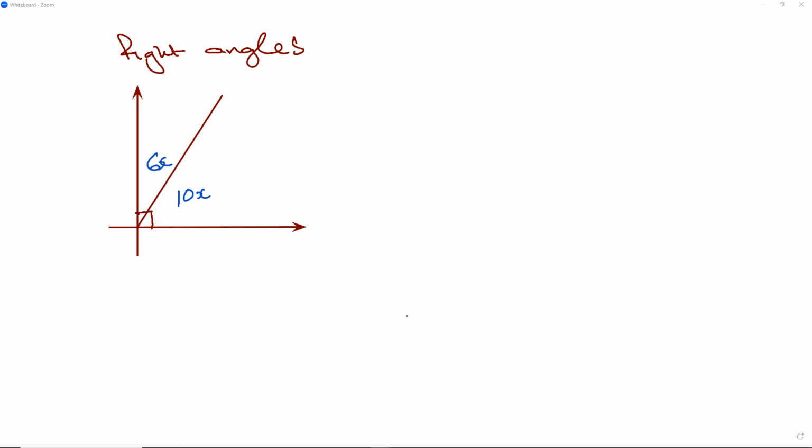Look at the next one and see if you can calculate the value of x now. Feel free to use a calculator, and you can round your answer as well. All right. So 6x plus 10x is going to equal 16x, but we want it to equal 90 degrees because of complementary angles.